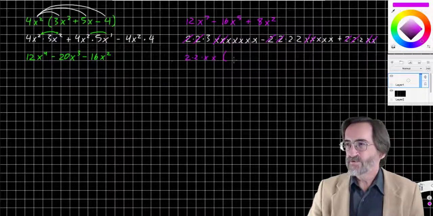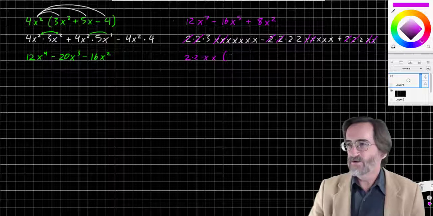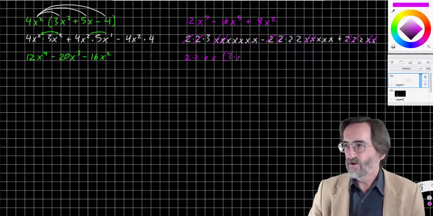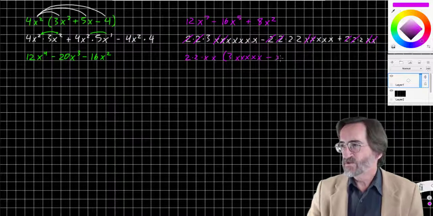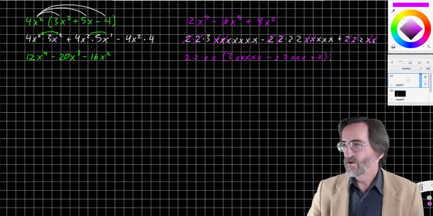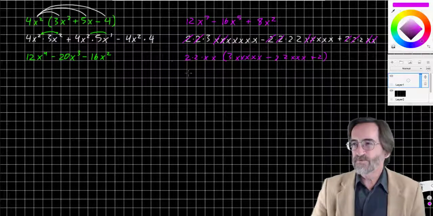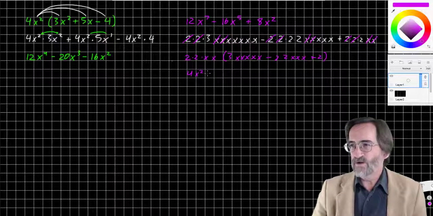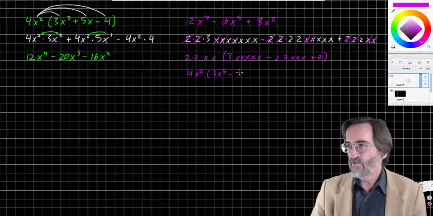Now what's left? What's not crossed out is 3 times x 1, 2, 3, 4, 5. Minus 2 times 2, 3 x's. Okay? So this can be simplified to 4x squared times 3x to the 5th minus 4x cubed plus 2.